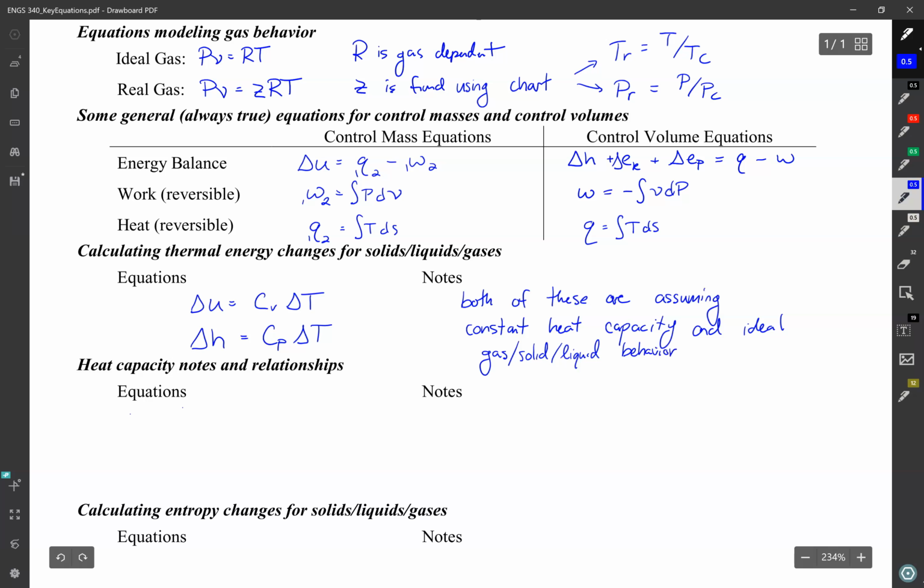So they're both assuming ideal behavior, which is fine because that's what we happen to be dealing with, at least in this class.